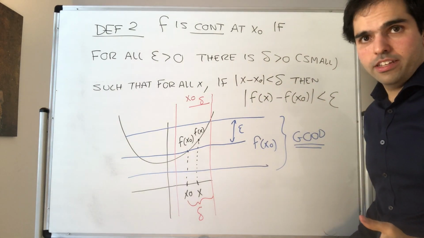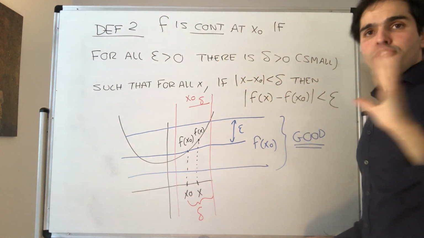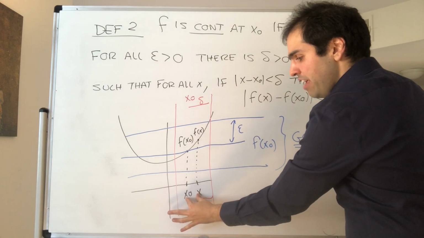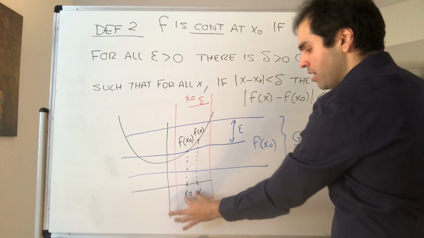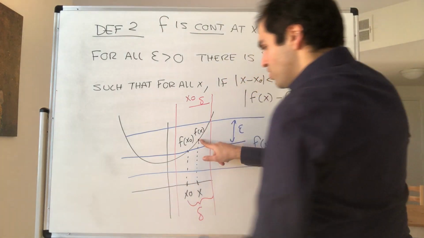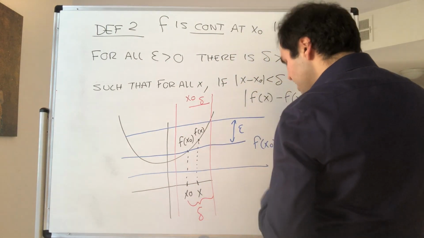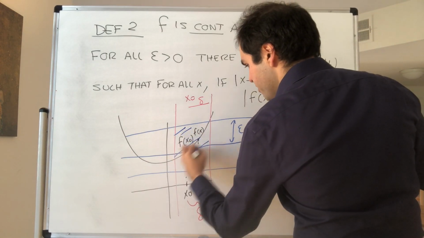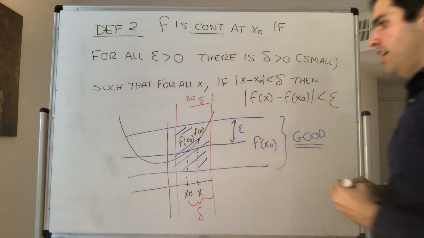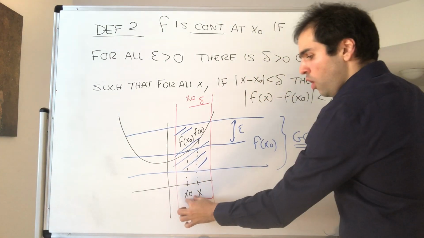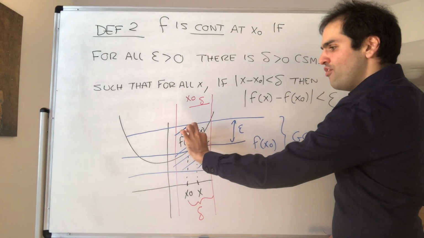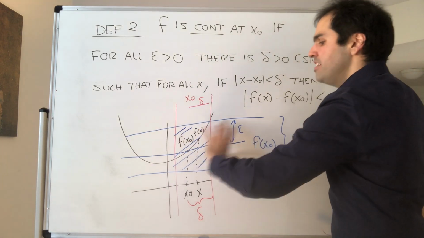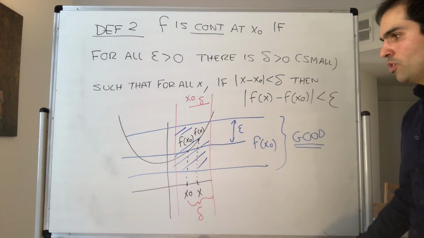So to reiterate, no matter how small the error, there is some small threshold such that if x is within that threshold, then f of x is in the good region, which remember is the region in blue. In other words, if you get close enough to x naught, then f of x is close enough to f of x naught, meaning that f is entirely inside the good region.